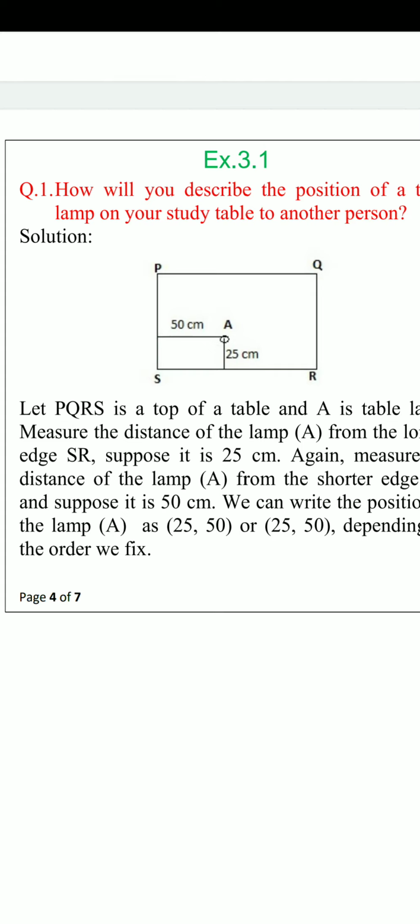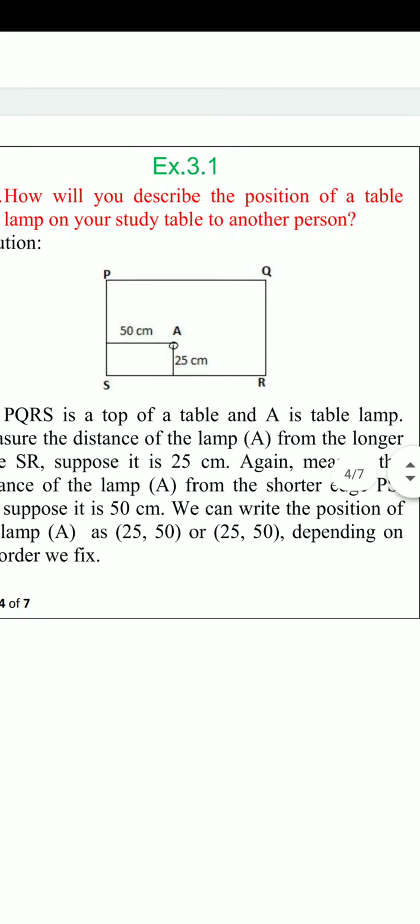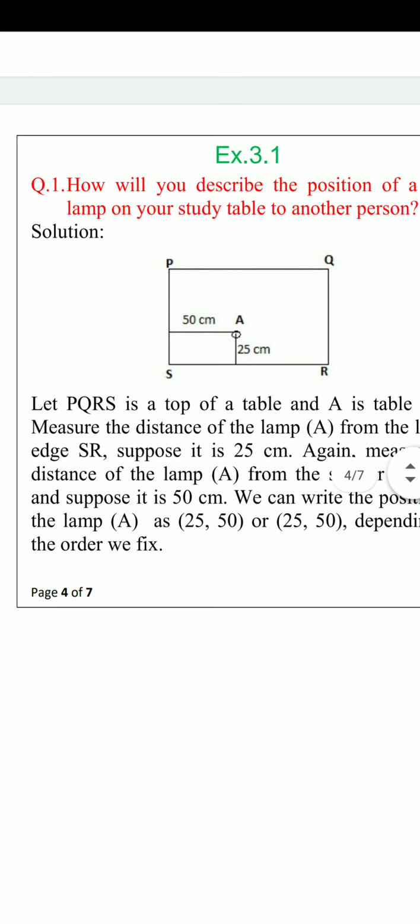Suppose the distance of the table lamp from the shorter edge is 50 centimeter and from the longer edge is 25 centimeter, or from the bottom edge is 25 centimeter. So you have to measure the distance from the longer edge SR.